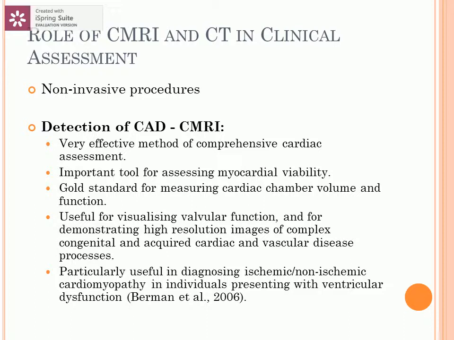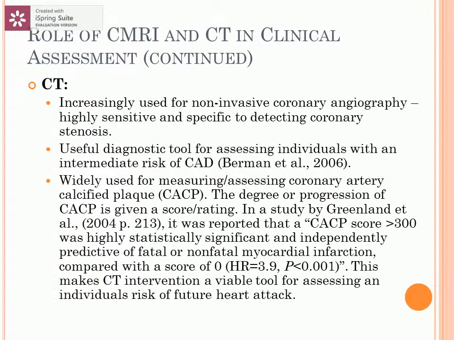It's been called the gold standard for measuring cardiac chamber volume and function. It's often a go-to. It's useful for visualizing valvular function and for demonstrating higher resolution images of complex congenital and acquired cardiac and vascular disease processes. Particularly useful in diagnosing ischemic and non-ischemic cardiomyopathy in individuals presenting with ventricular dysfunction.